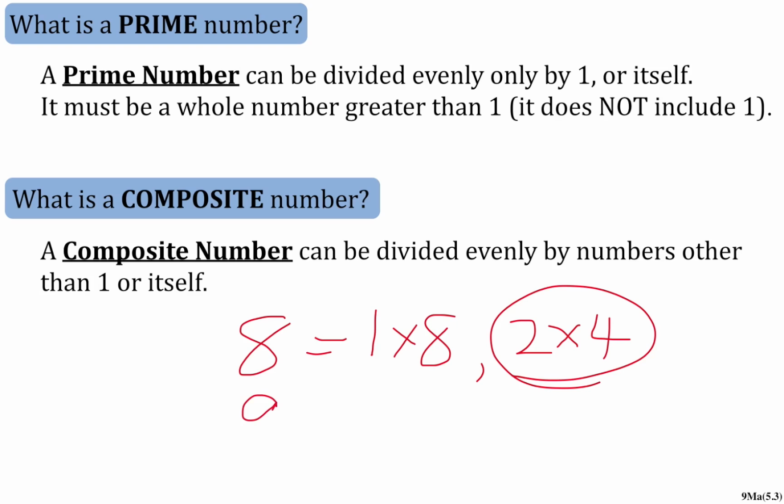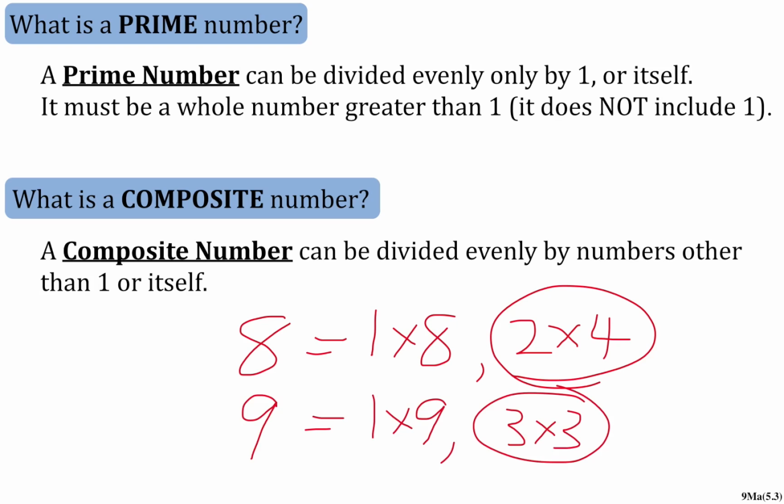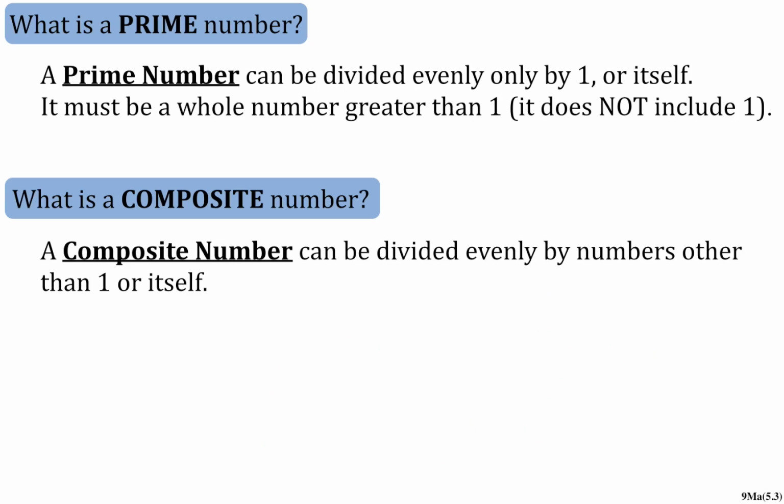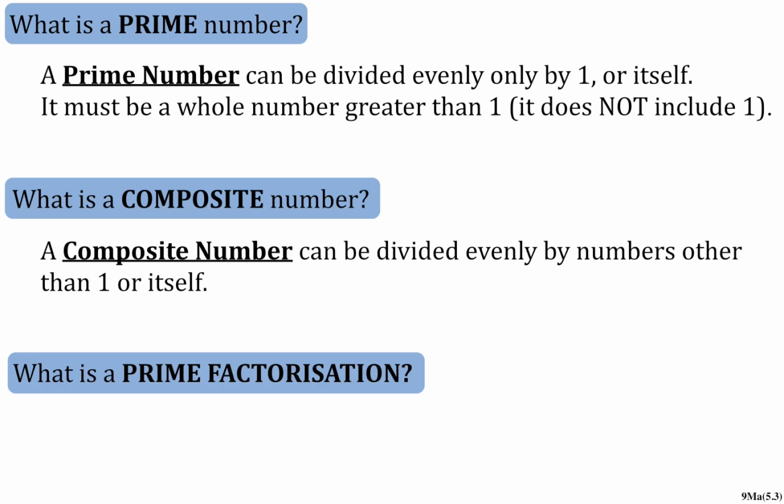Another one might be 9. You've got 1 times 9, but you've also got 3 times 3, so it is not prime, it is composite. Remember, 1 is not classified as prime or composite, it's neither.